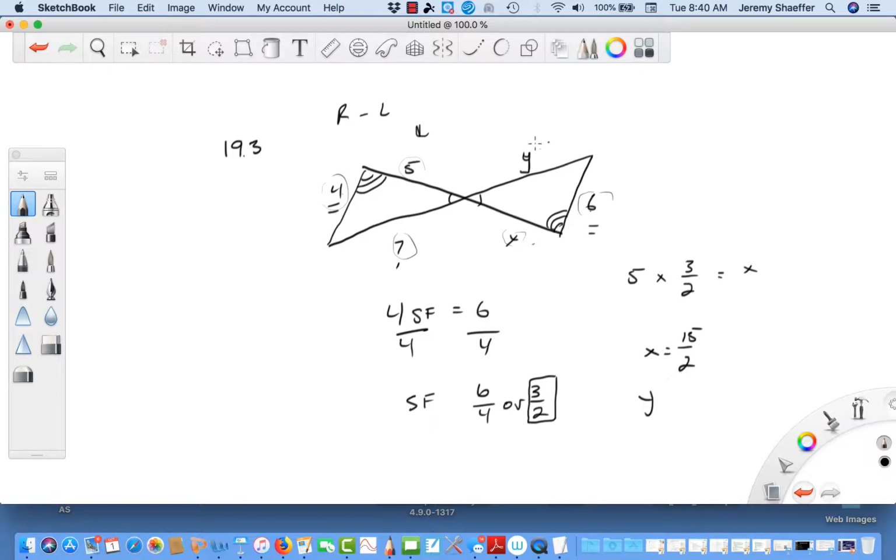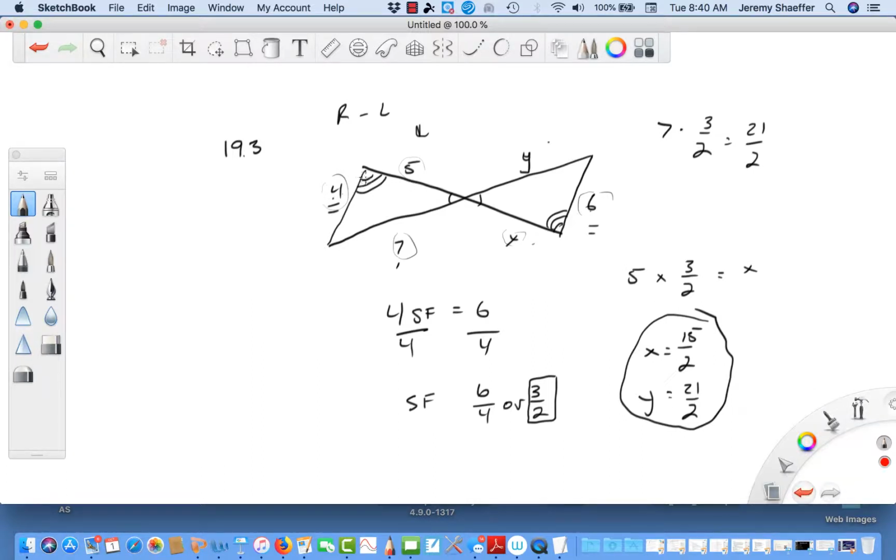Y here was 7 times 3 over 2, which equals 21 over 2. So y equals 21 over 2, and we have solved for our problems. Okay, so not too difficult to find those scale factors. It's simply finding which identifies with which.